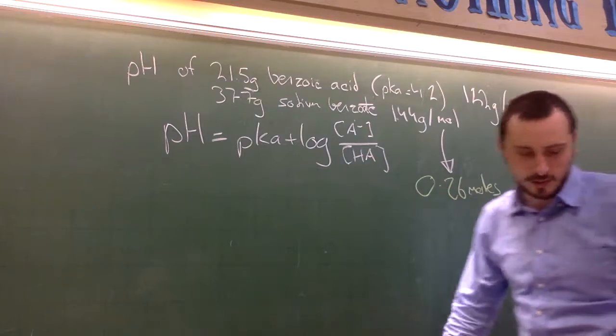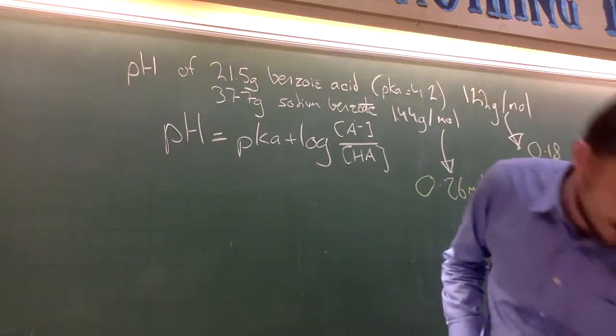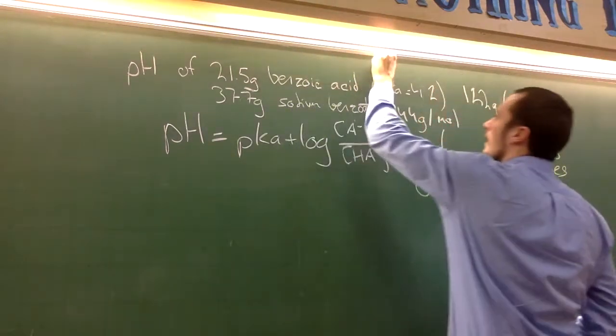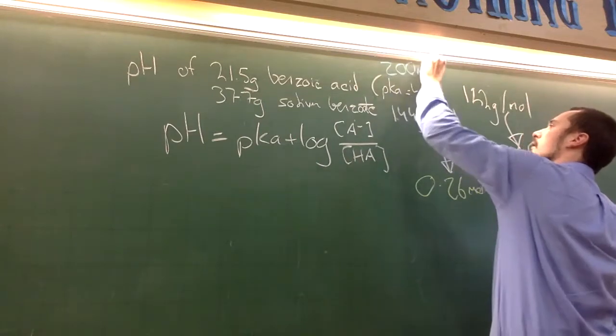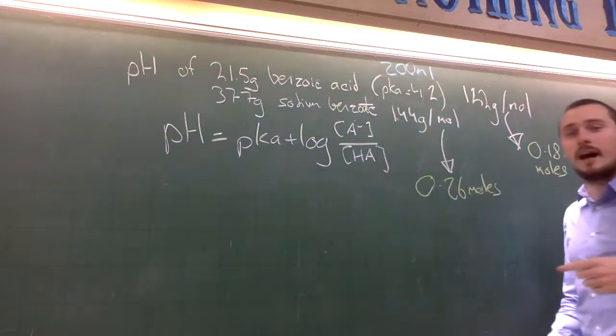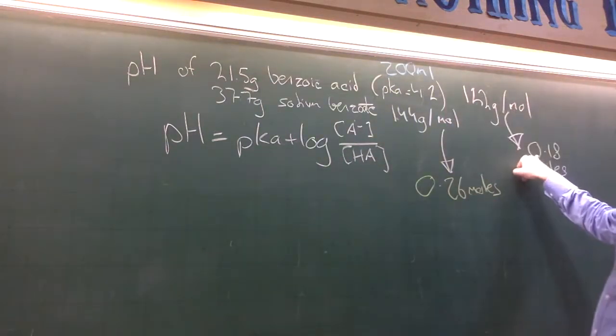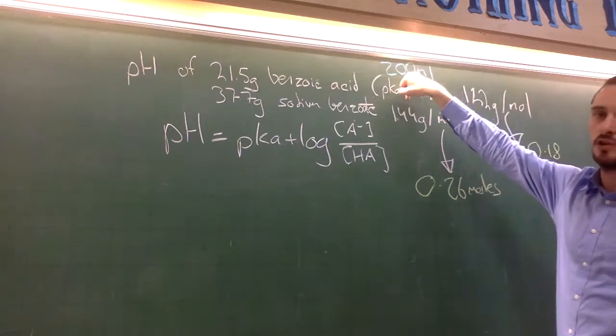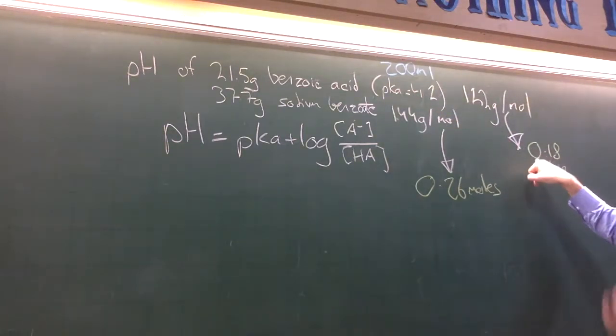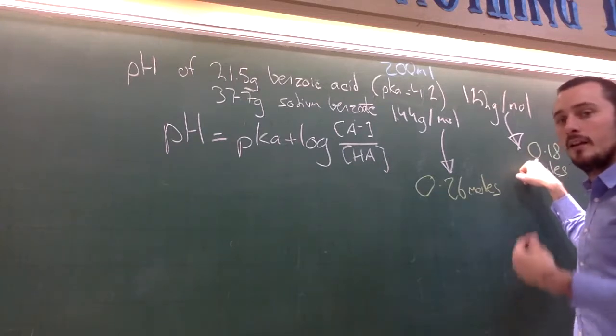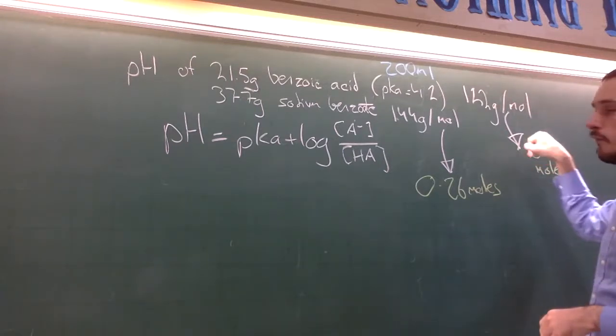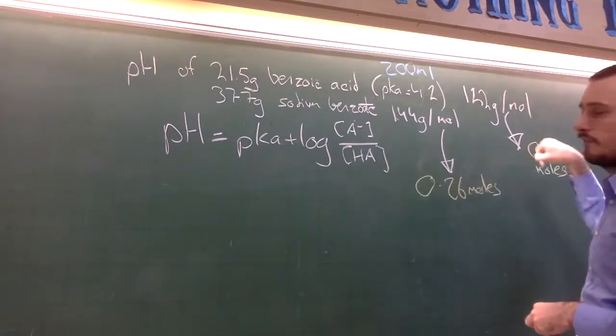However, what is also given in question 37 is that you have 200 millilitres of solution. So what that means is that if you have this many moles in this amount of solution, you need to bring this up to how many moles per litre. Therefore, you multiply both of these molar amounts by 5.